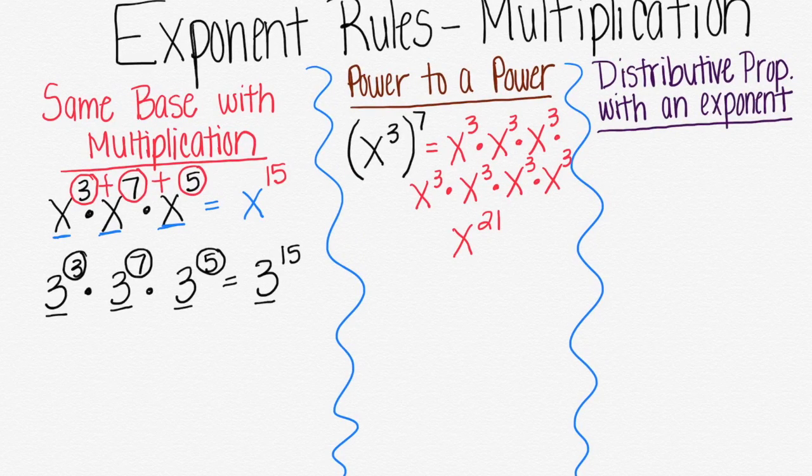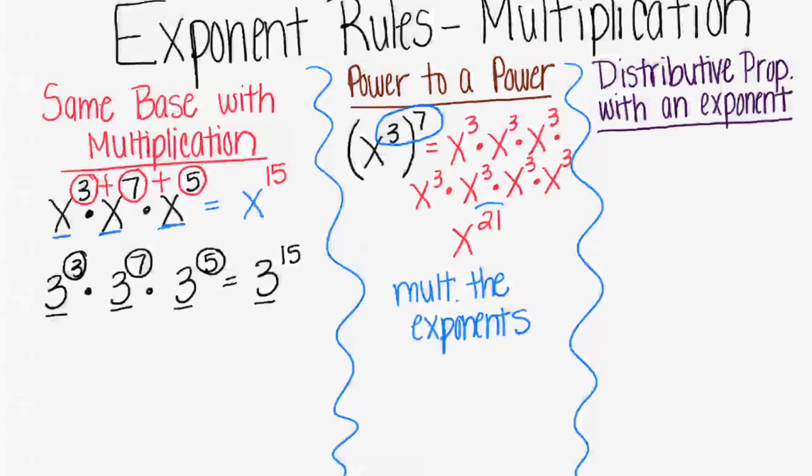Now, another way to do that, and to make it shorter, would be to take these 2 numbers that are exponents and multiply them. So we multiply the exponents. That means that 3 times 7 gives us the answer of 21.